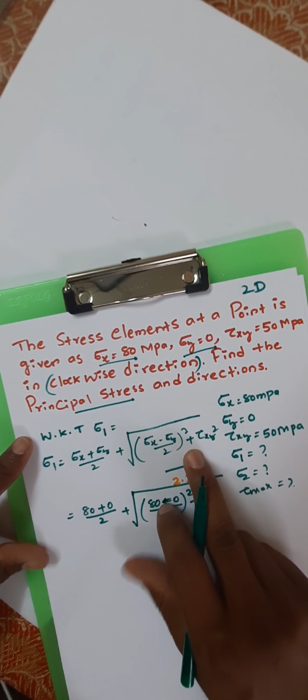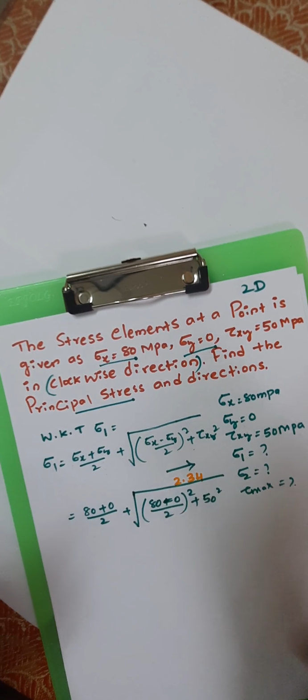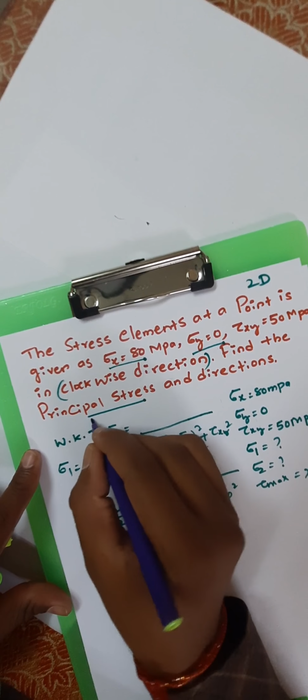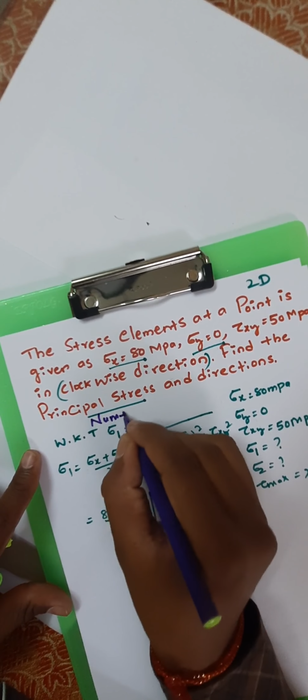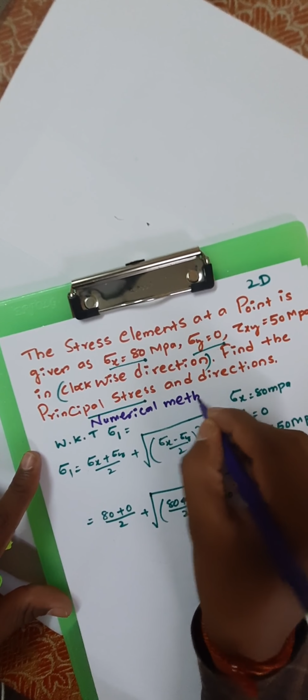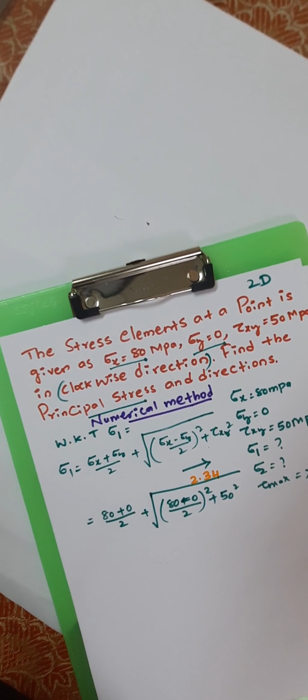If we want to draw the Mohr circle based on this, that is another method. I will also determine the stresses using the graphical method, which we will see later.